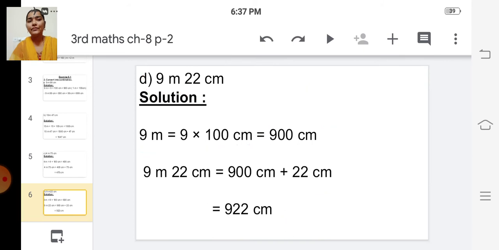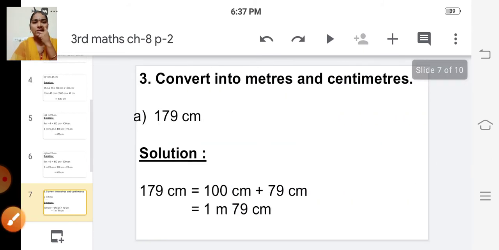Okay, yes. So next one, third problem, convert into meters and centimeters. They have given in centimeters and we have to convert those centimeters into meter and centimeters. So how many centimeters is equal to 1 meter?